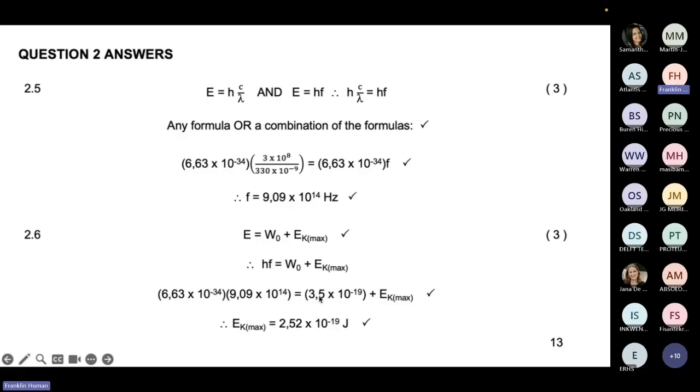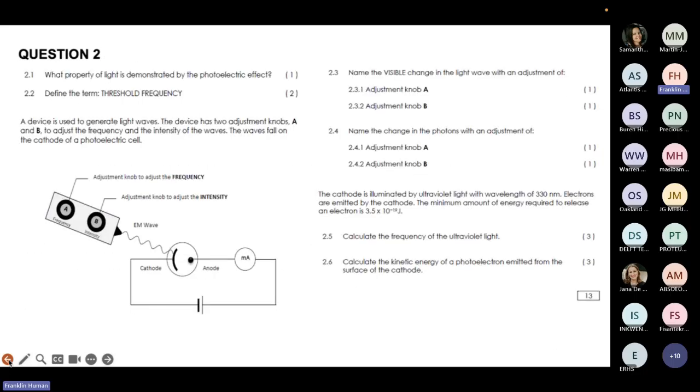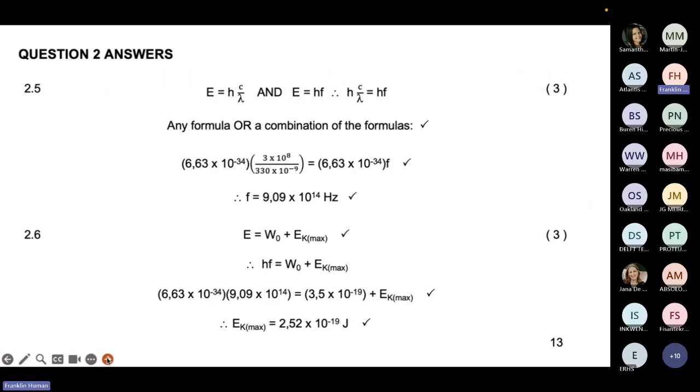That is equal to 3,5 times 10 to the power negative 19, which is the work function, plus your EK max, which is your kinetic energy.